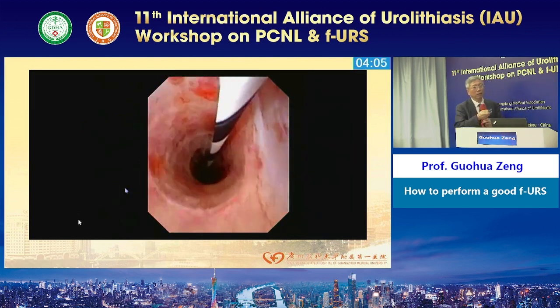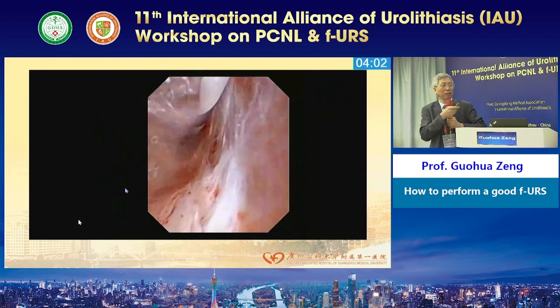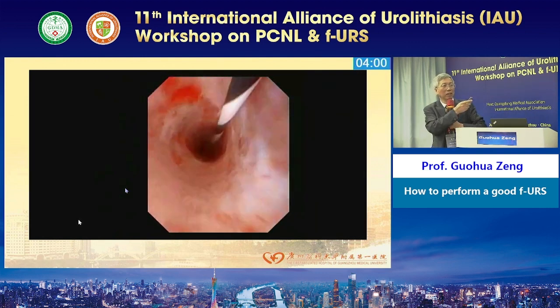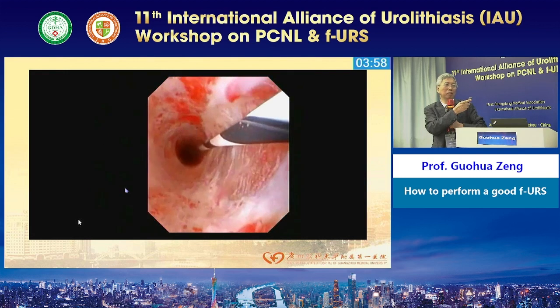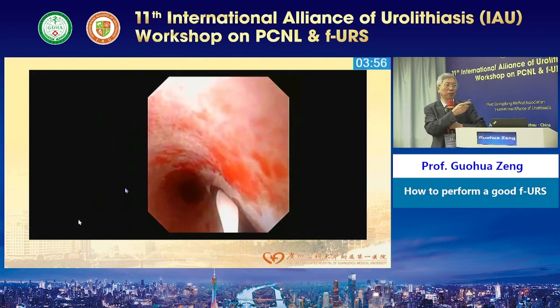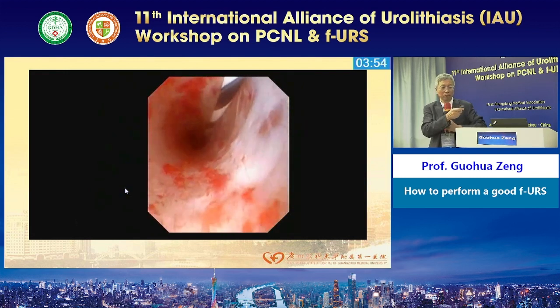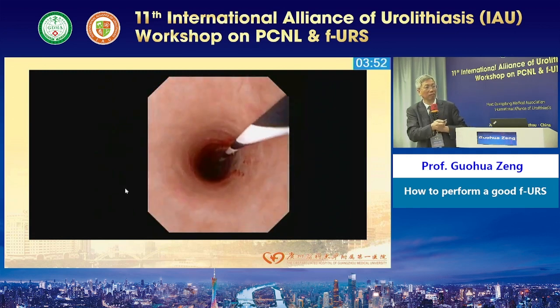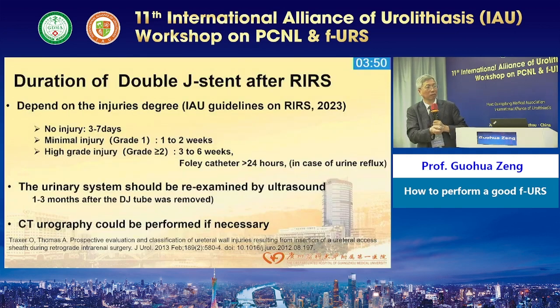You see, this is an injury, ureteric injury. Maybe it's grade 2, grade 2. After you check the condition of the ureter, you can put a double-J stent for different times.